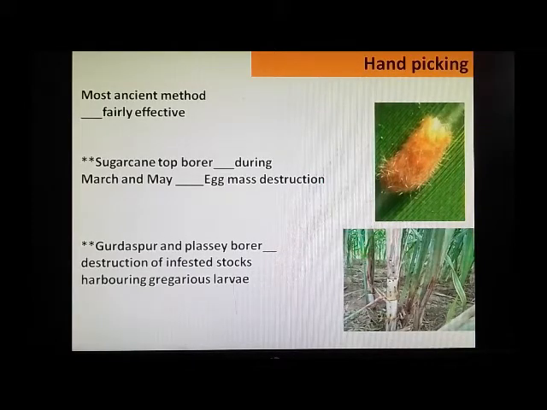Again, regarding the sugarcane top borer, during the month of March and May, the egg mass destruction can also help in reducing the sugarcane top borer infestation.